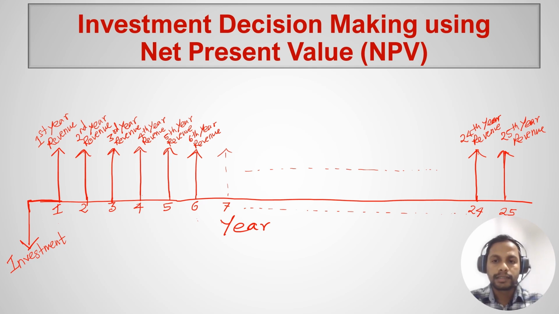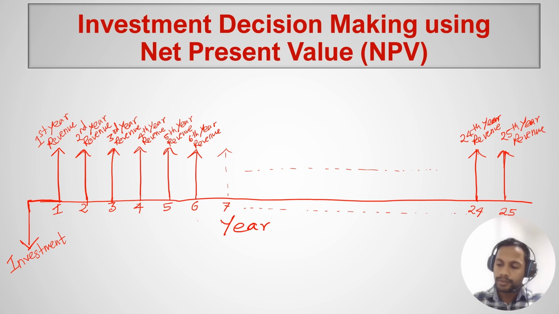So imagine that we are getting $100 after 20 years. What is the value of that $100? How can we measure it? That is the problem we are facing.